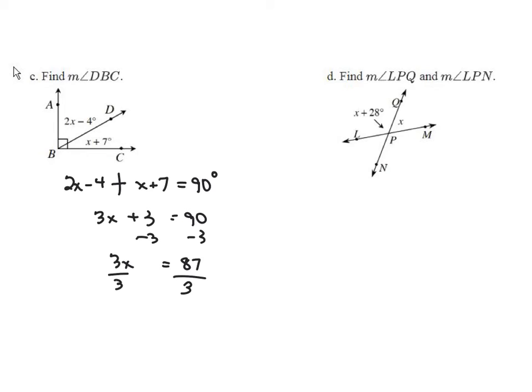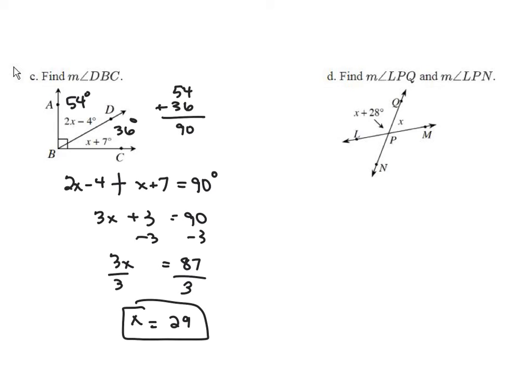Dividing both sides by 3, x is 29. 58 minus 4 would be 54 degrees up here, and 29 plus 7 would be 36 degrees, and 54 plus 36 equals 90 degrees.